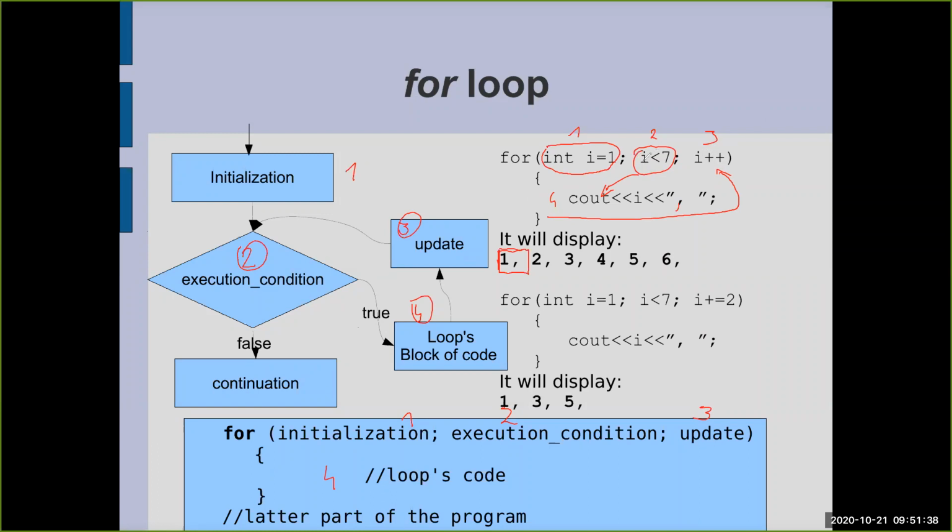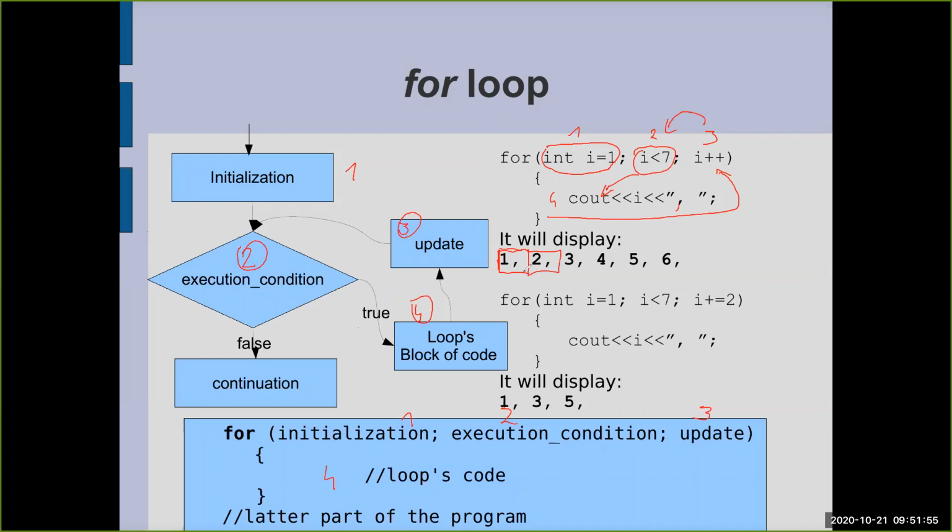So now i is not 1, but it is 2. And the condition is verified. So 2 is smaller than 7, so this value is printed.